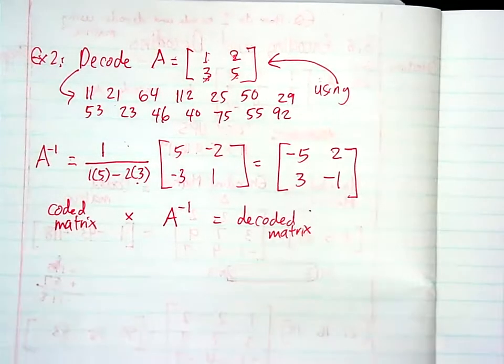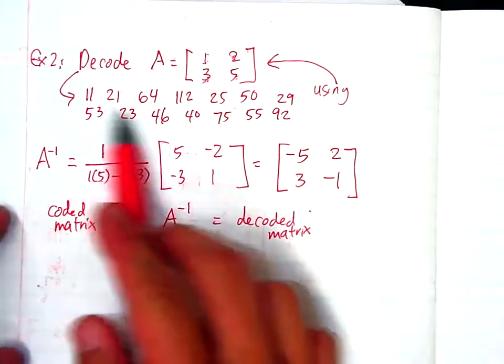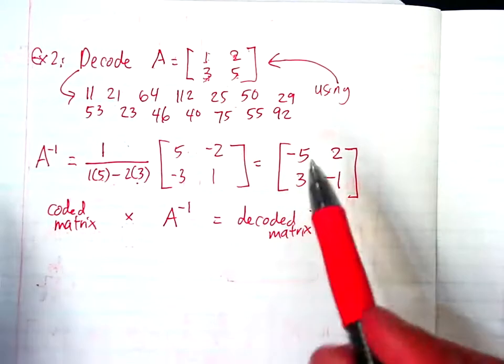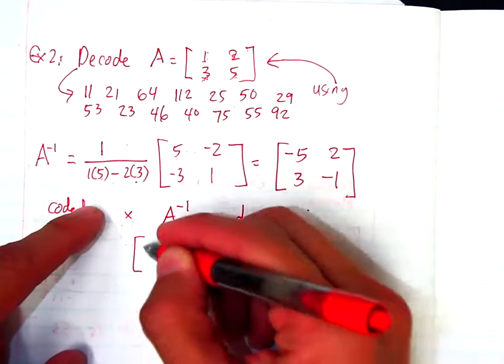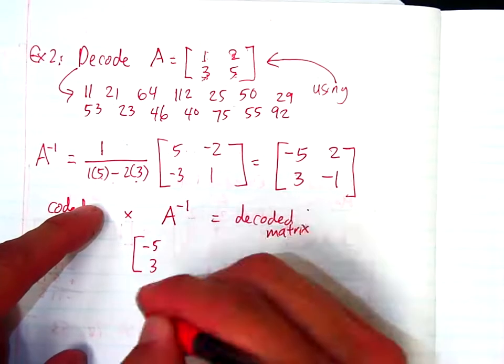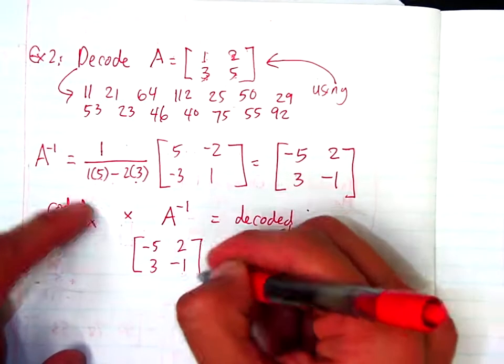Since this is a 2 by 2, I'm only going to take two numbers at once. So A inverse is going to be [-5, 3; 2, -1].